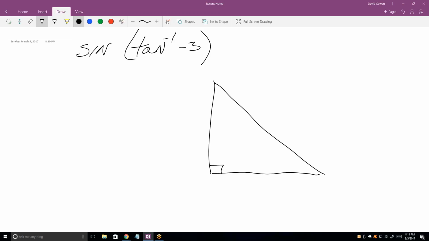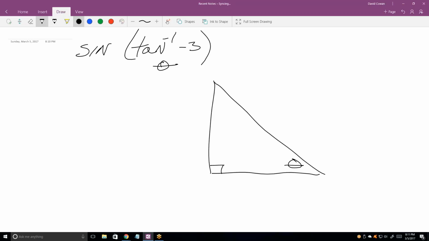In other words, if I don't label theta, theta could be up there, and it will matter. So the first step that I really like is making sure you understand that that thing is an angle. So we'll call it theta. And then we'll label theta here.